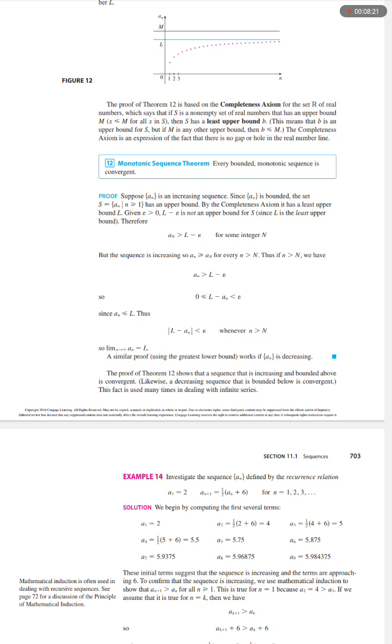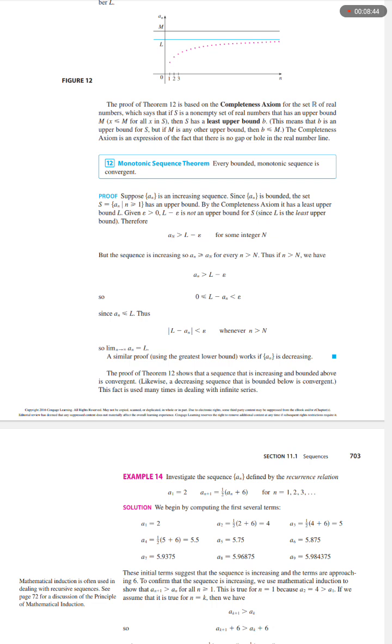By the completeness axiom, it has a least upper bound L. Given epsilon greater than 0, L − epsilon is not an upper bound for S, since L is the least upper bound.